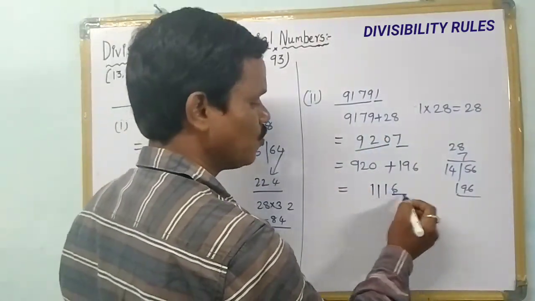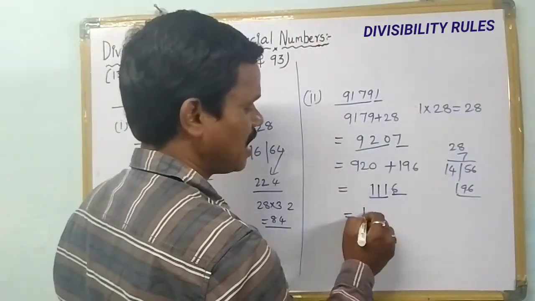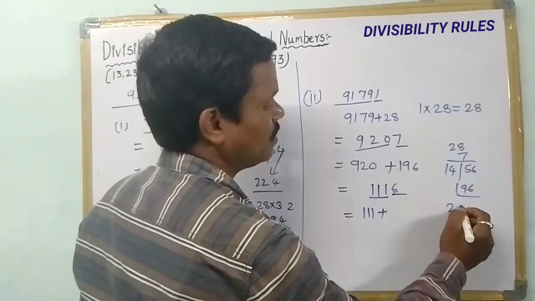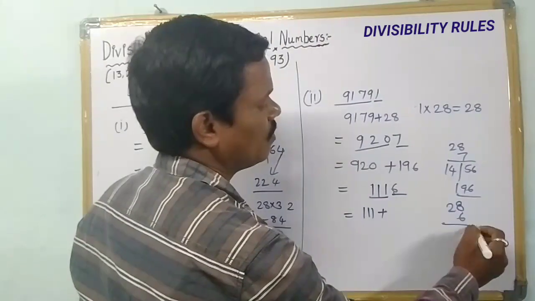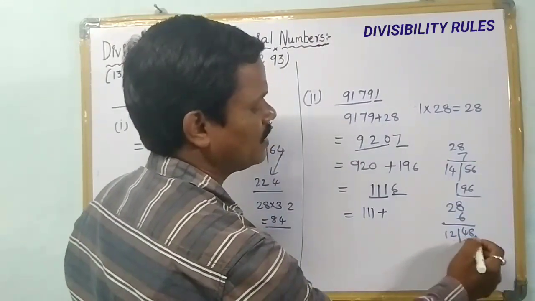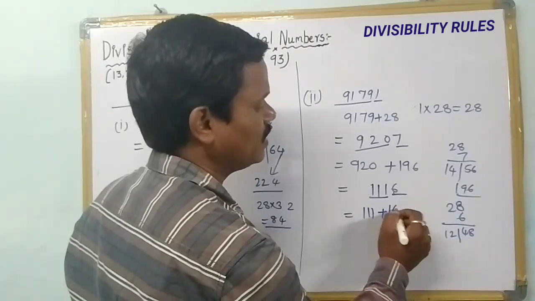Now divide it into two parts. This is the first, this is the second. I am taking the second part as it is. Plus 6 into 28. 6 times 8 is 48, 6 times 2 is 12. What is this? 168.